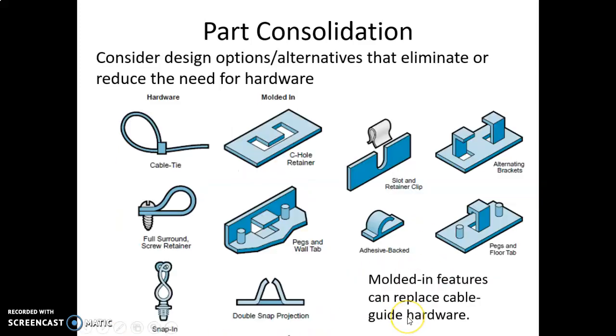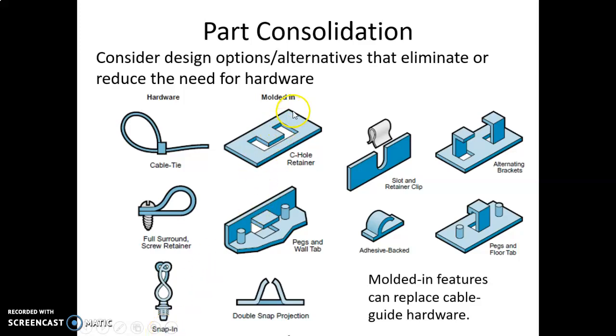Proceed with the next slide. Consider design options or alternatives that eliminate or reduce the need for hardware. This is some of the part consideration. We have hardware, which are cable tie, full surrounded screw retainer, snap in.